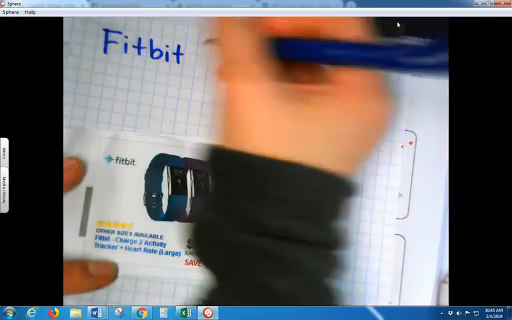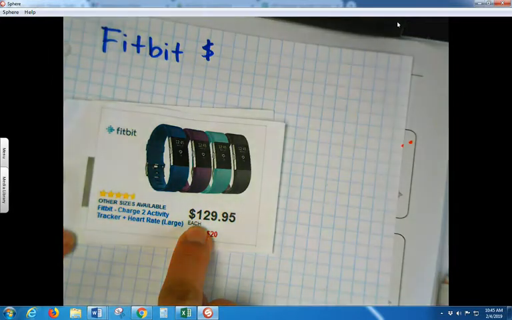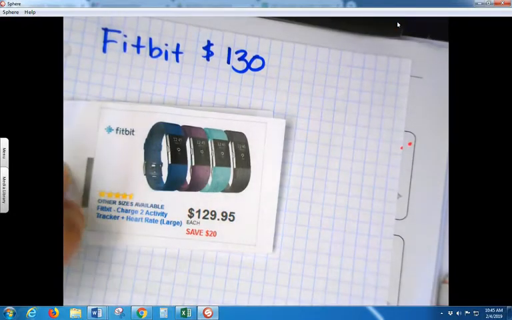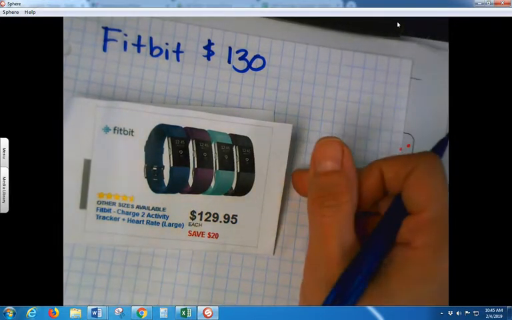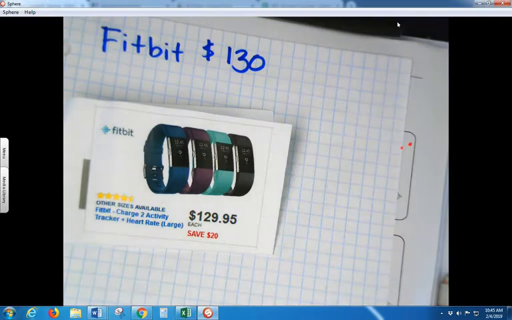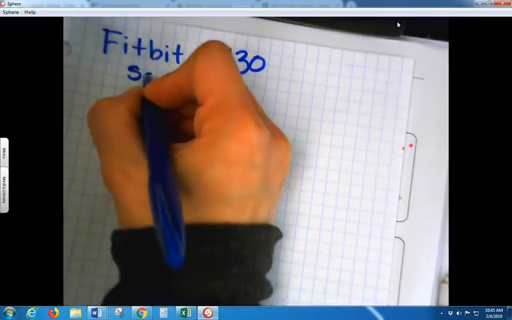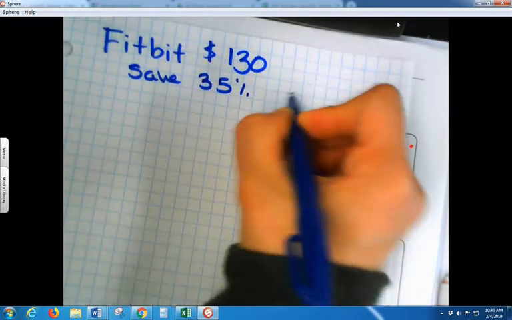All right. Okay, my Fitbit cost. What do we round that up to? 130. We're going to round it up. And then they said, well, Miss Amelia, you're a teacher, so we want you to be healthy. So we're going to give you a promotion, and you can save 35% off.